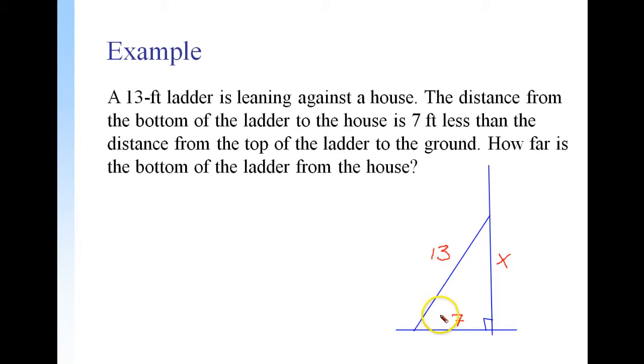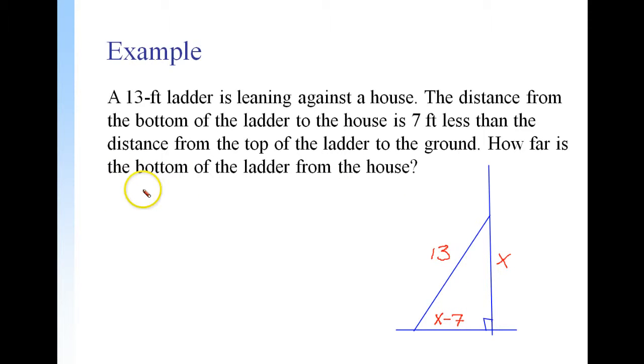And this is going to be x minus 7. You probably should read the whole example before you start, but I would modify it like I did. So this is the distance, so this is going to be x minus 7.